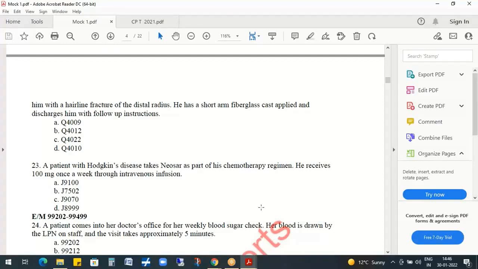Yes or no, Manoj? J91. Yes sir, chemotherapy is there. It's a different drug. Here it's an unlisted question, no need to think about it. Okay, I will ask the admin person to delete that question. They will give you the updated codes only, no issues.